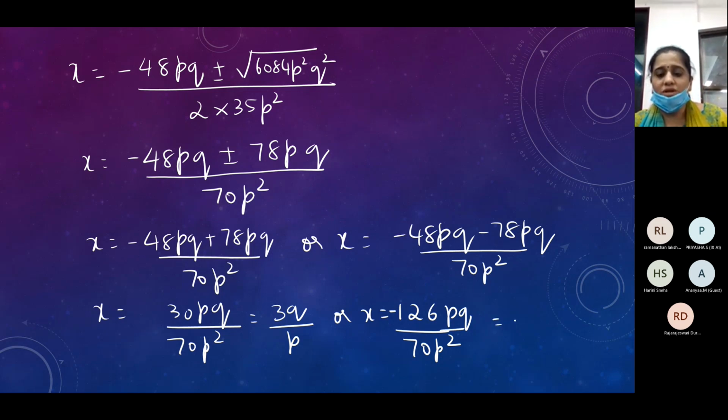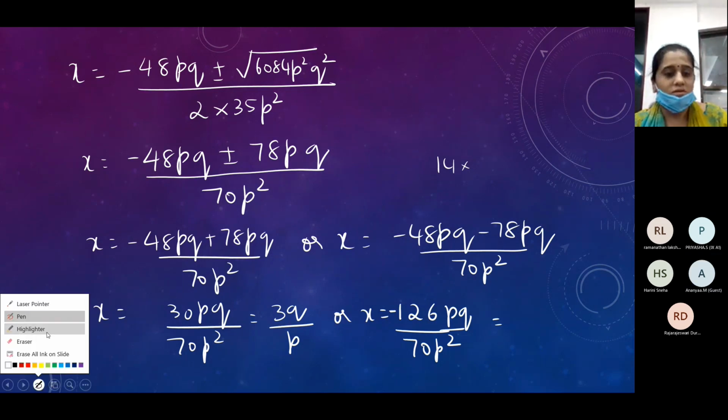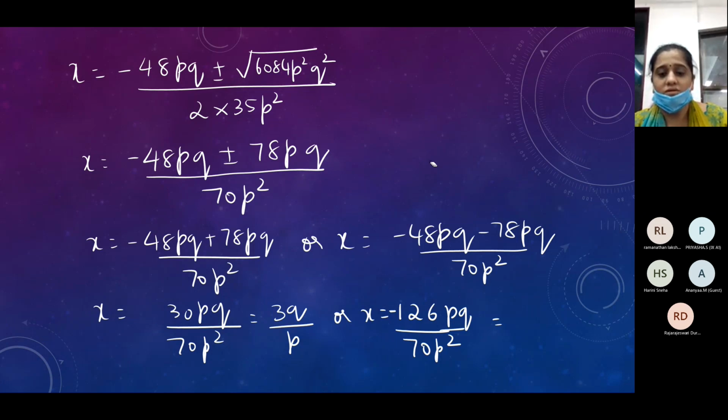Tables of 14, no? 14 eights are 126. 3Q by 7P. Sorry? 3Q by 7P. Right. Is it divisible by 7? Yes. 7 ones are 7, 8s are 56.